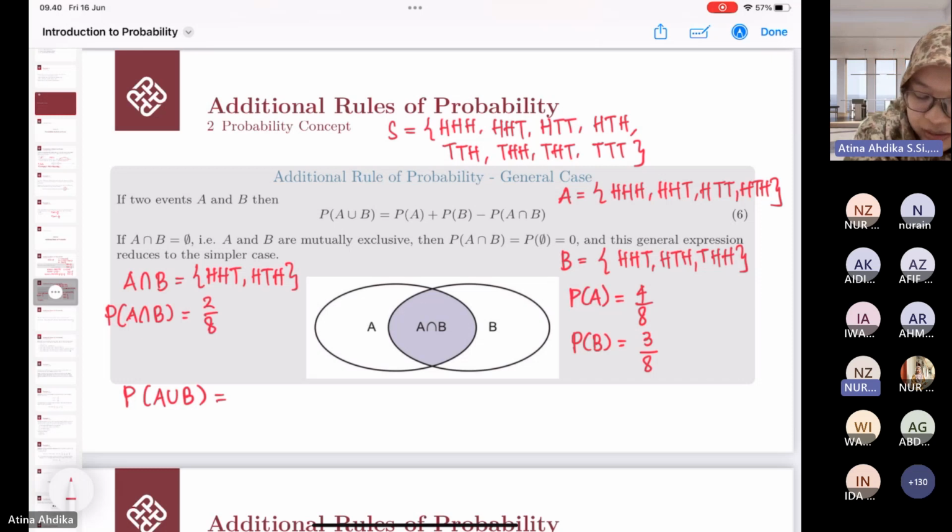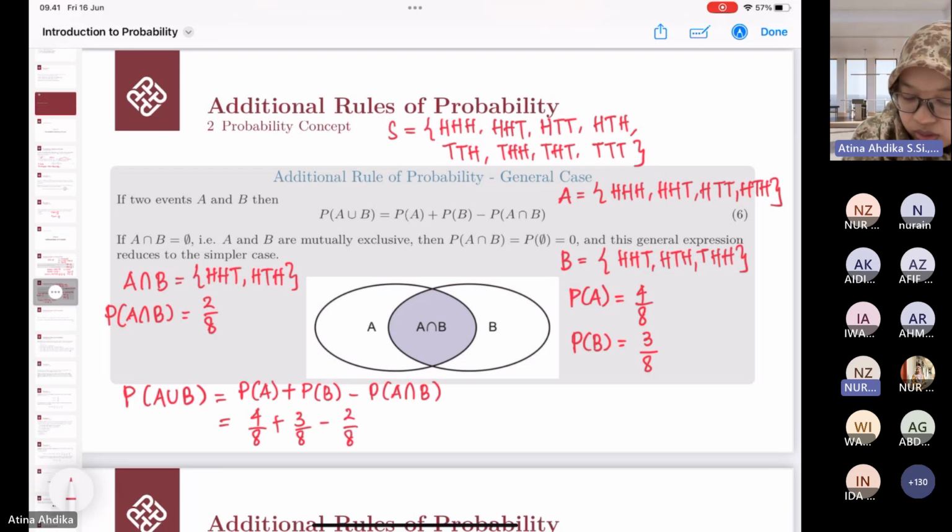So we can calculate the probability of the union between A and B as the summation of the probability of A and the probability of B, minus the probability of the intersection between A and B. So we have 4 over 8 plus 3 over 8 minus 2 over 8, which is 5 over 8.